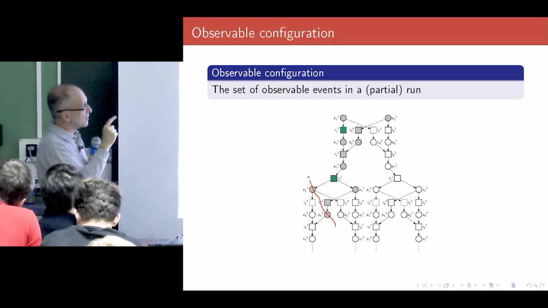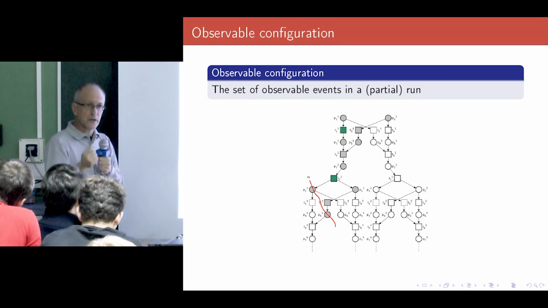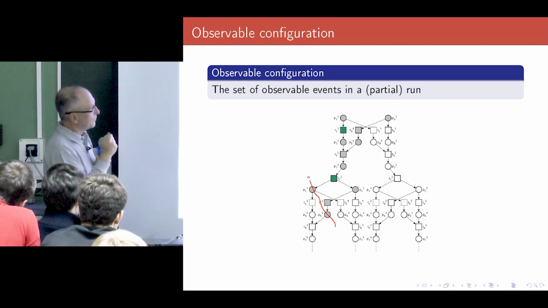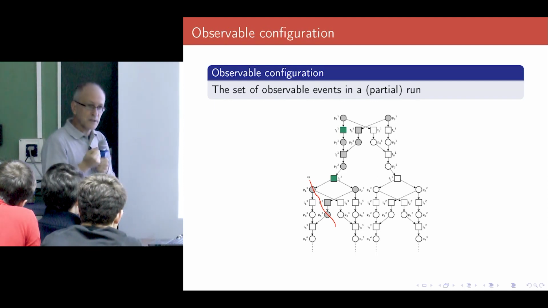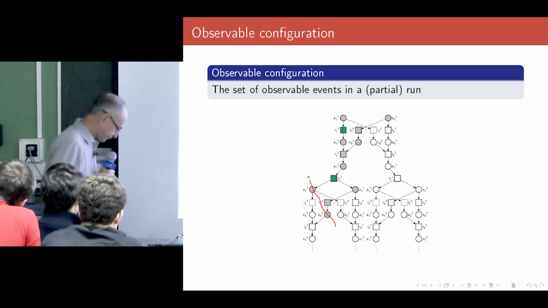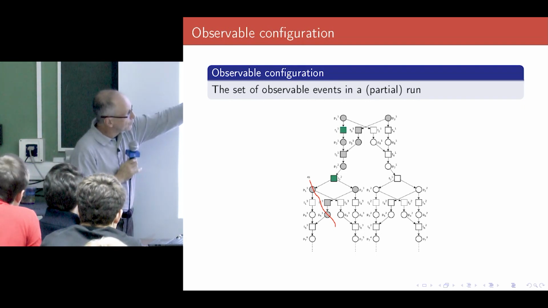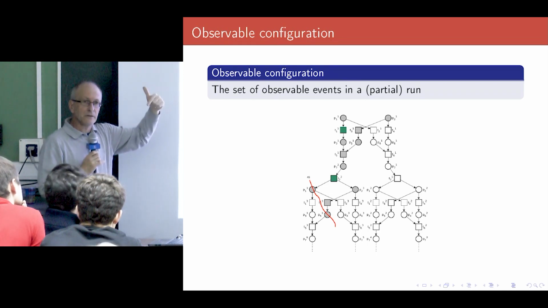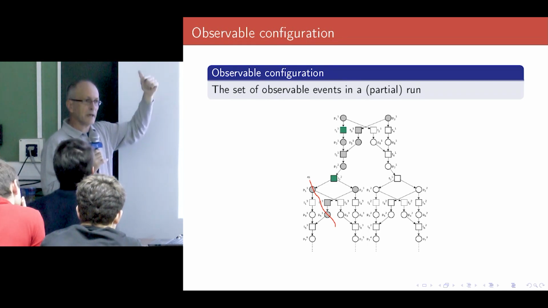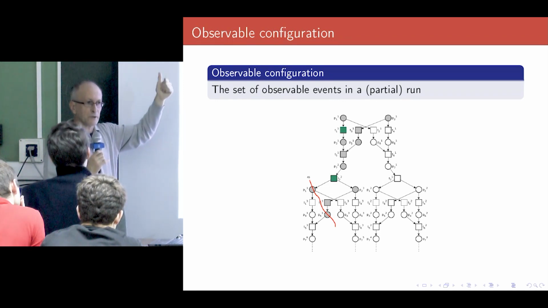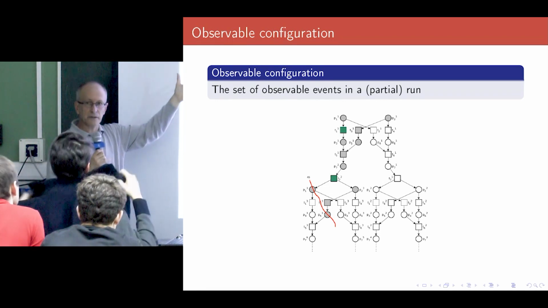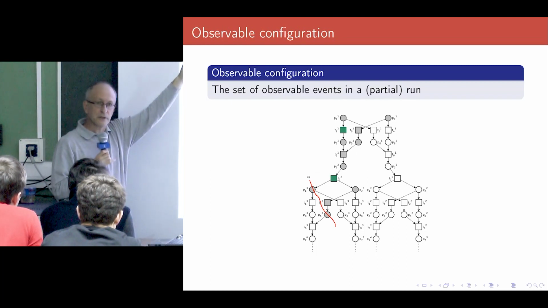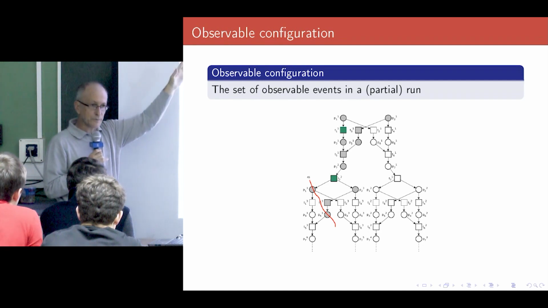So the green elements are what the user has actually observed. Maybe you can understand that by observing some elements, for instance, the green transition, which is slower, the player can deduce that something else must have happened before, even if this was not directly observable. Because for that transition to occur, it was necessary that something else happened before.